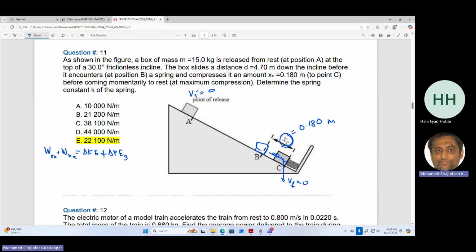We have a gravitational potential energy change, and the spring force is also there. So this is how I would write it most generally. Then we say our system consists of the box, the spring, the incline, and the earth. For that system, we don't have any external forces, so this is 0. No one is pushing it or pulling it.